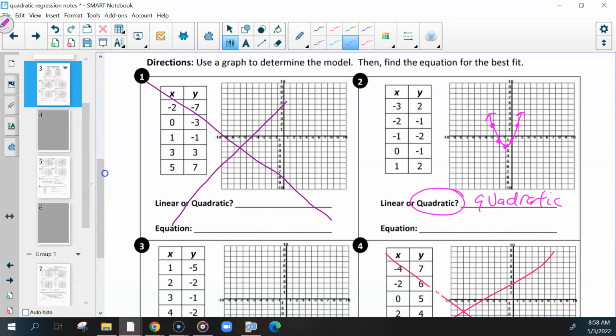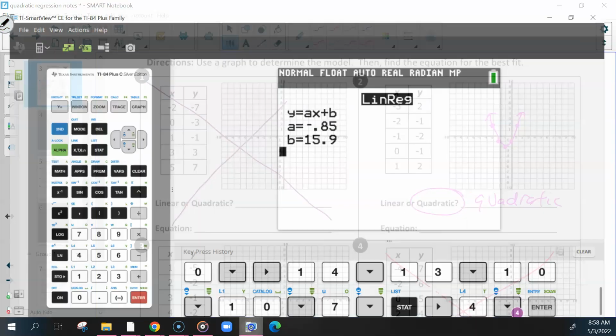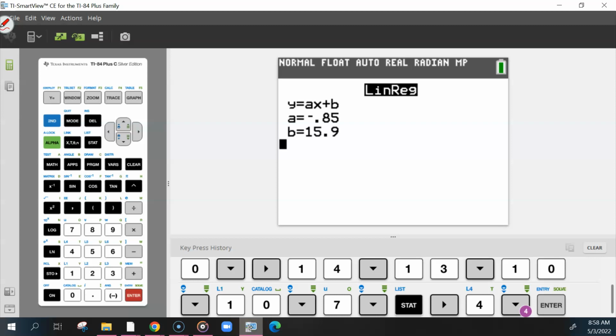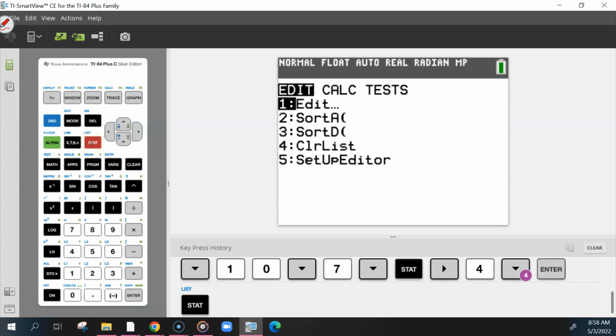To find our equation, we are going to go back to our calculator and put these 5 points into stat. So stat, edit.